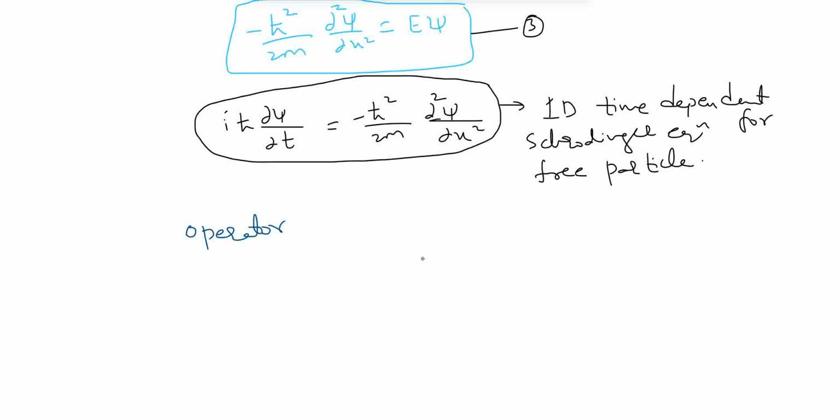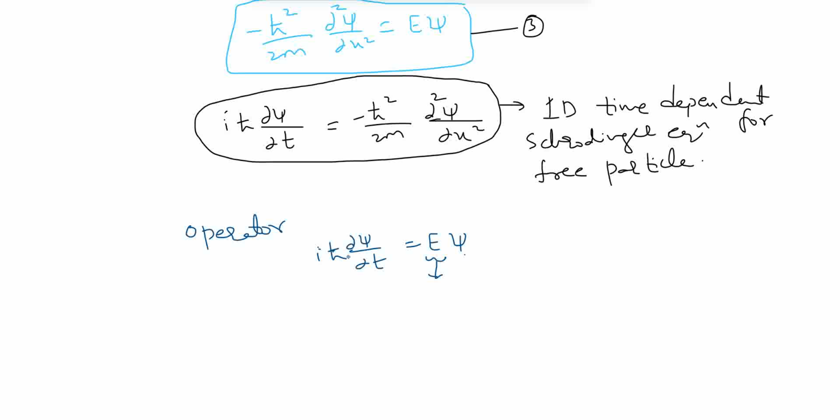We have identified that i h cross dou psi by dou t is equal to E psi. Here we are getting energy times the wave function, and on the left hand side we have i h cross dou by dou t of psi. So this psi and this psi are equivalent.